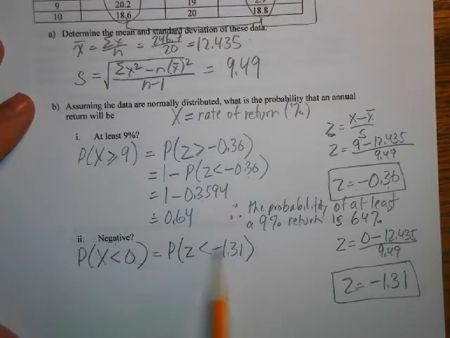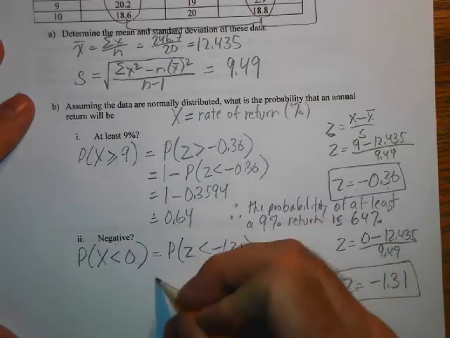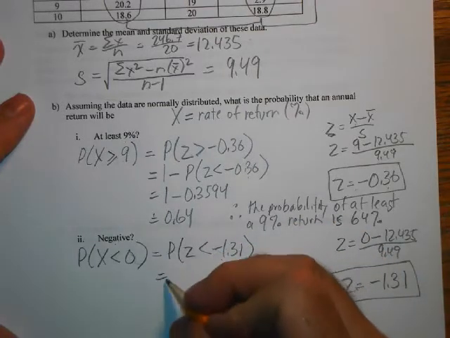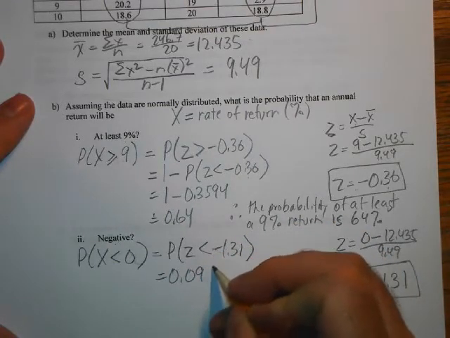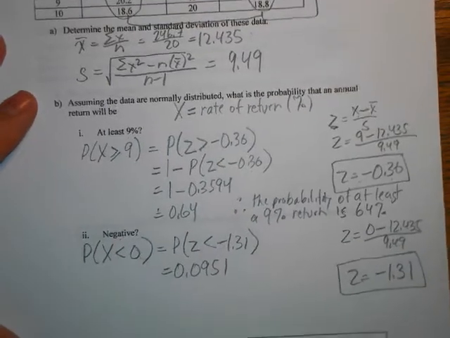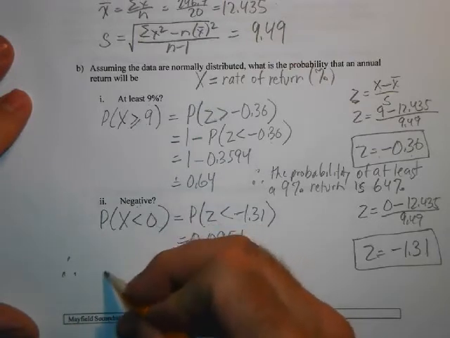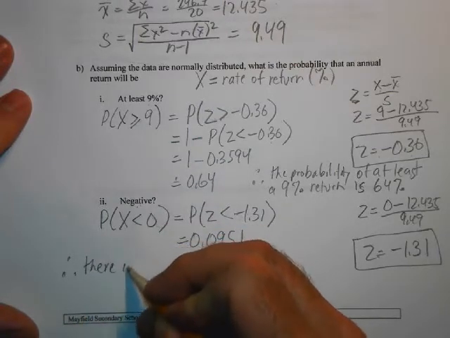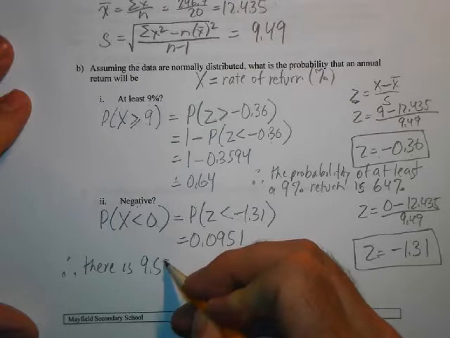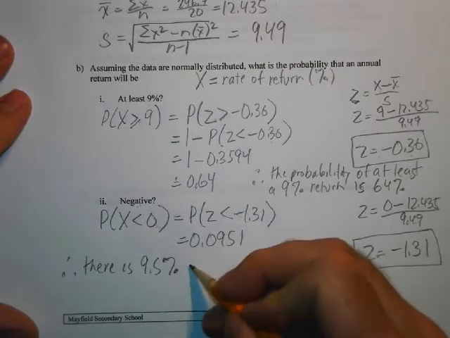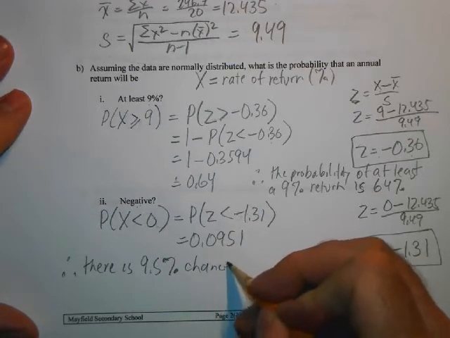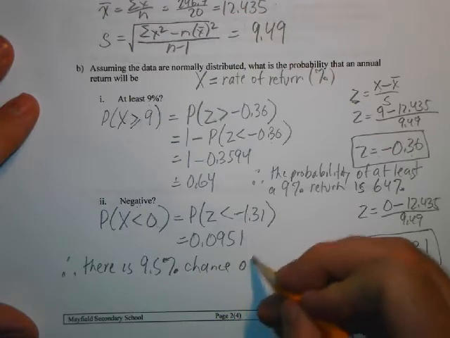We've got it to the left of the value, and that's what the table gives us. So when we look that up on the table, we get 0.0951, which tells us, therefore, there's a 9.5% chance or probability of a negative return.